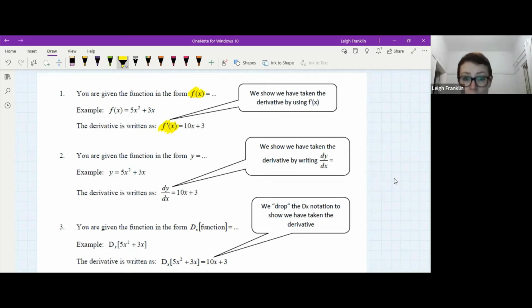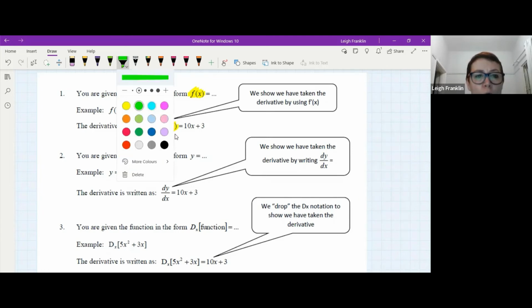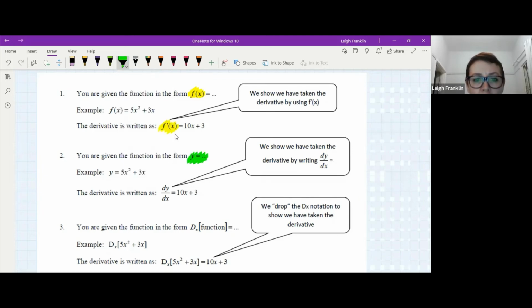Very, very important. If you are given your function in the form y equals, then you will write your derivative as the derivative of y with respect to x. That's what that dy over dx means.